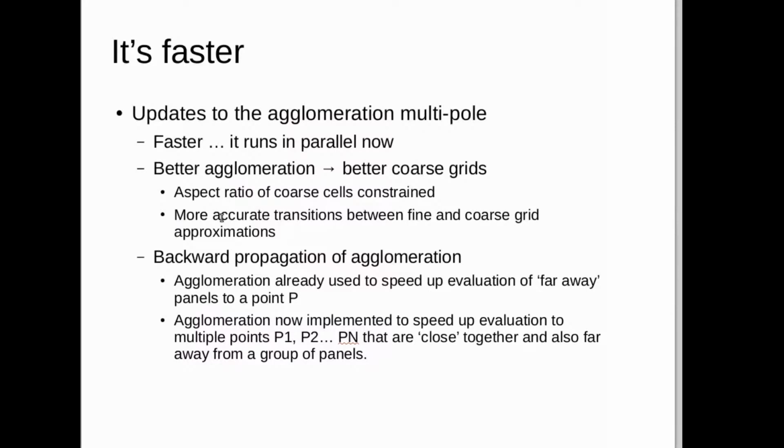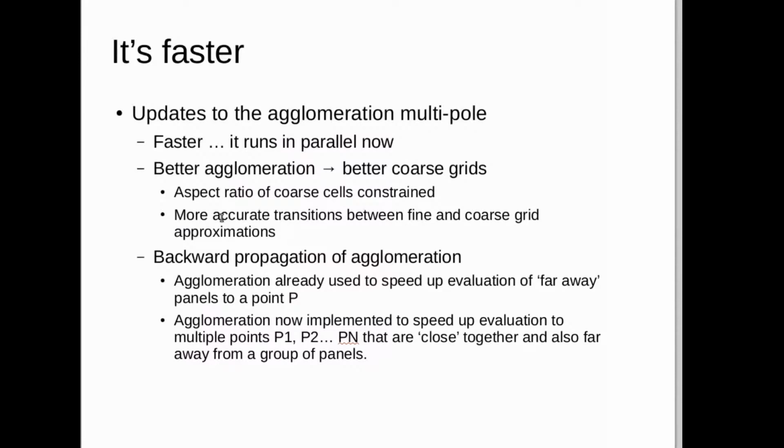So I already talked about, if you sat through the previous talk I had, this whole thing about far away and using approximations to calculate the induced velocity at point P by a group of vortex panels. That sped things up. So you don't necessarily have to do n evaluations of every panel evaluated for every other panel. So it was like n squared. It was more like n log n.